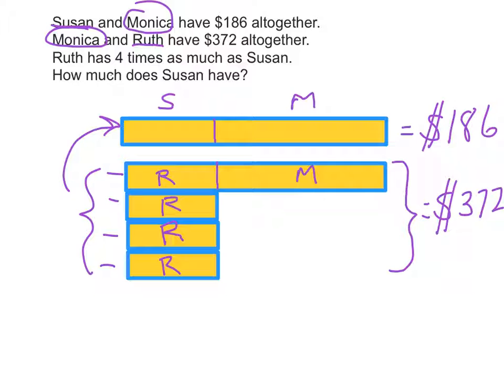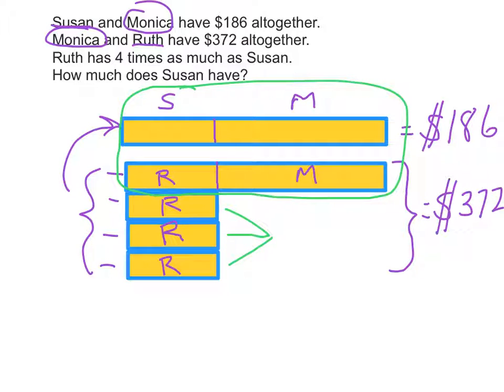Now, okay, so what? Well, if we can get rid of this and this, then that just leaves us with these three here. Now, how can we get rid of those two that I circled first with the green? Well, we know that this top part here is $186.